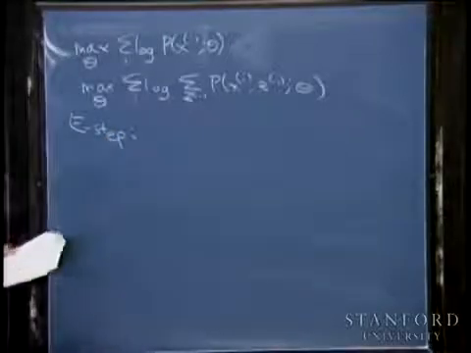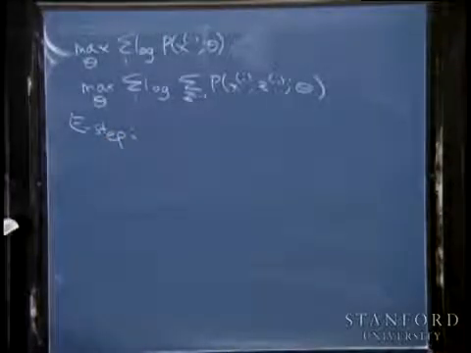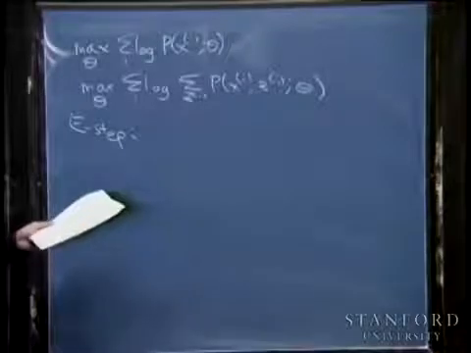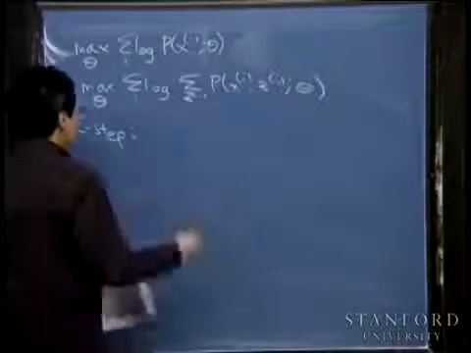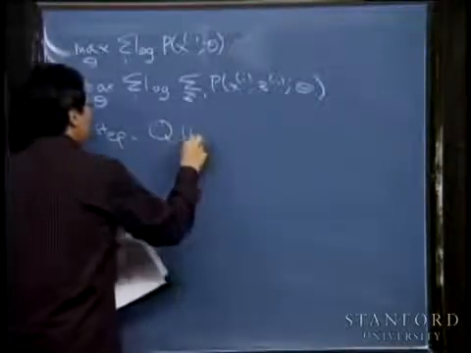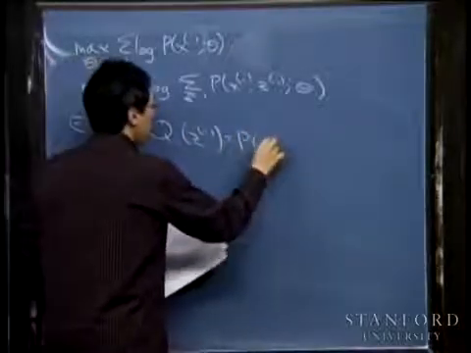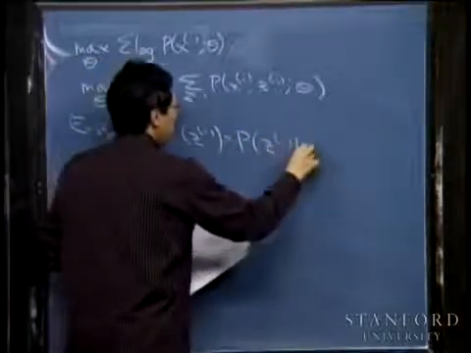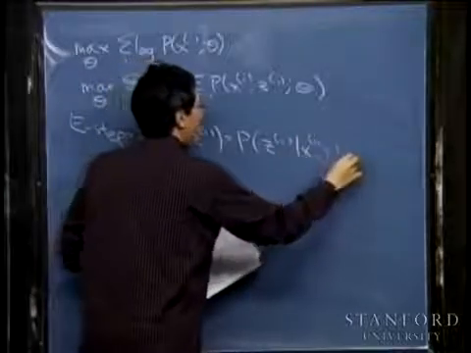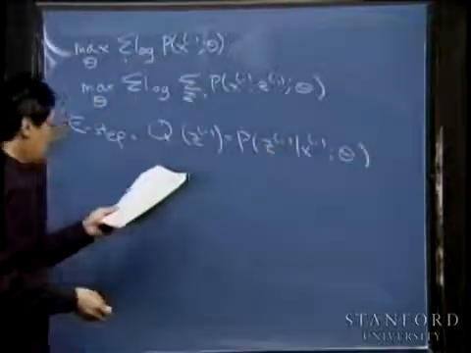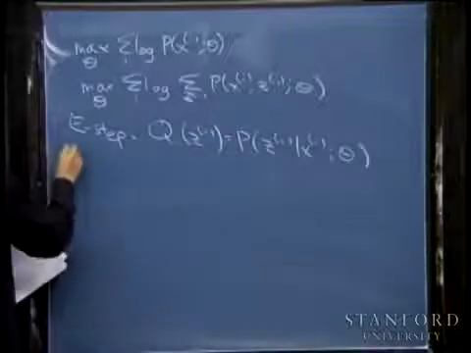So using Jensen's inequality last time, we worked out the EM algorithm in which in the E step, we would choose these probability distributions Qi to be our posterior on z given x, parameterized by theta.